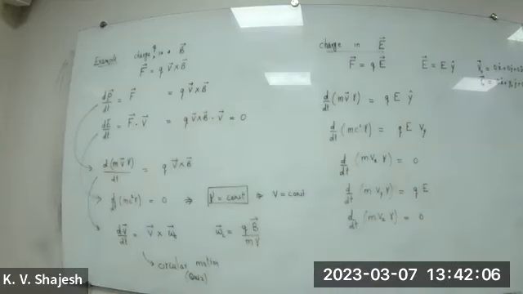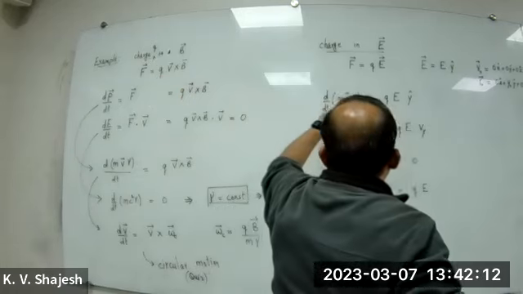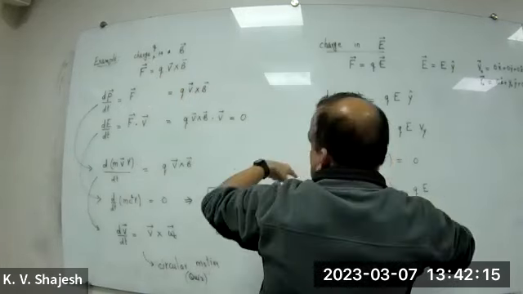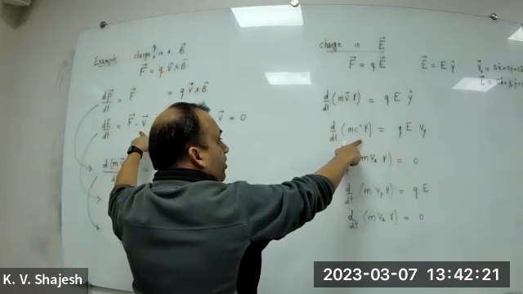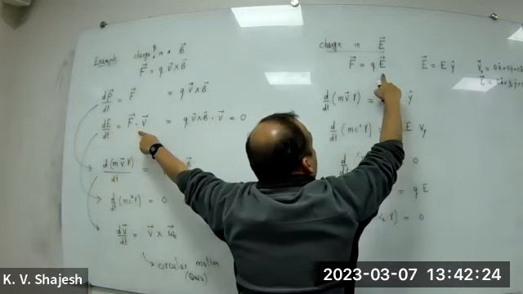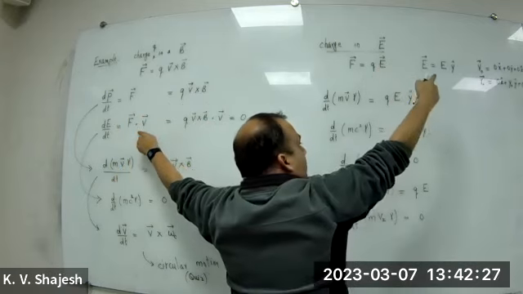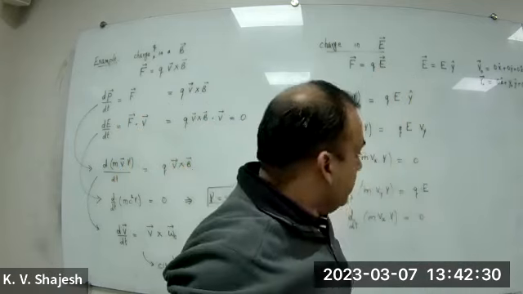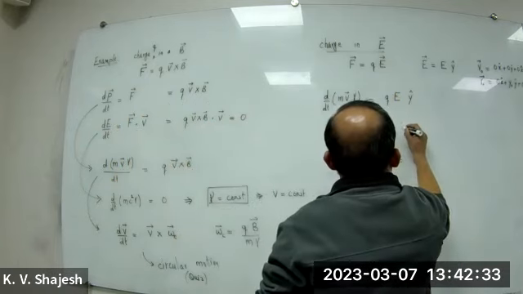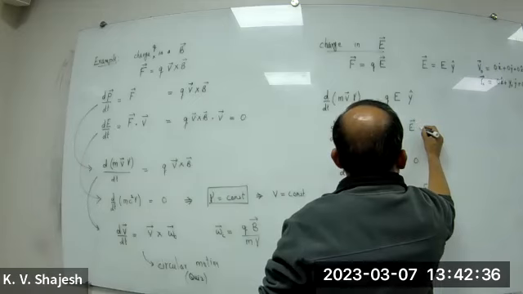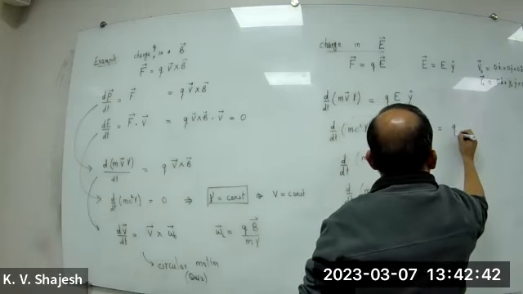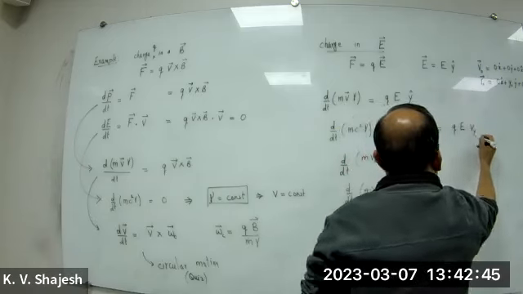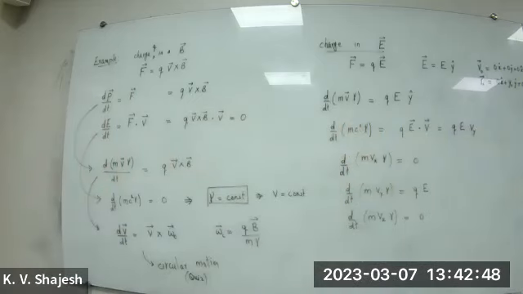These are all independent, so this is this equation. This is the energy equal to F dotted with V. F dotted with V is QE dotted with velocity V. But the electric field is only in the Y component, so it is QEVY.